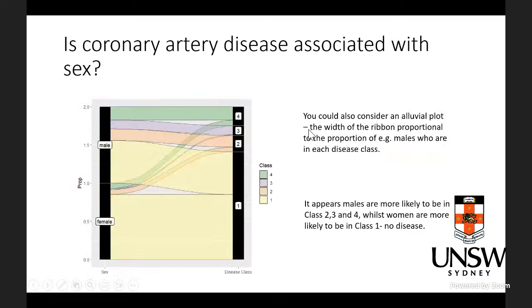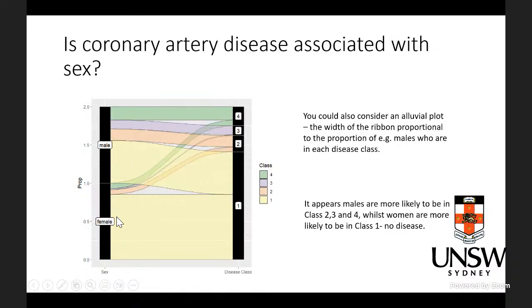And the final plot that you could use, depending on your audience, is this alluvial plot. Some audiences might like this plot. Here you've got your males, and the widths of the bars show the proportion going into class 4, 3, 2, and we've got a lot here in the yellow going to class 1.